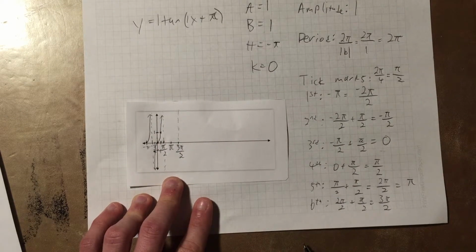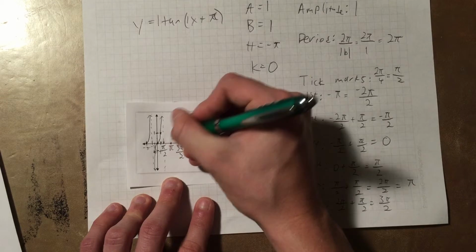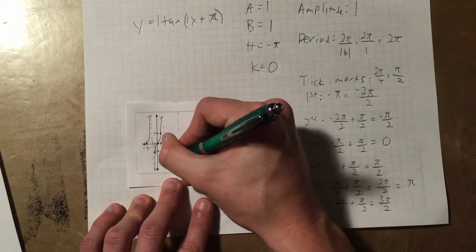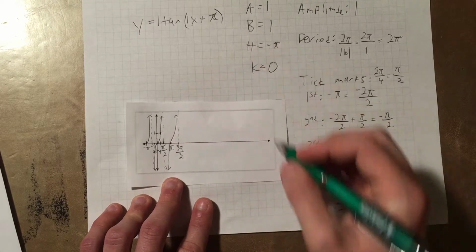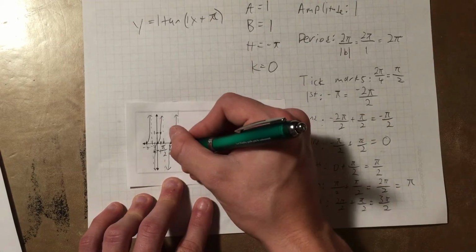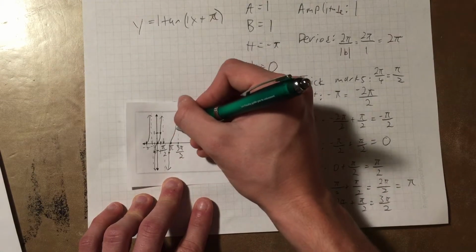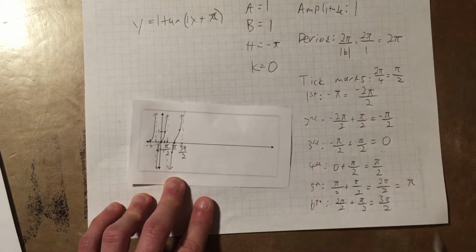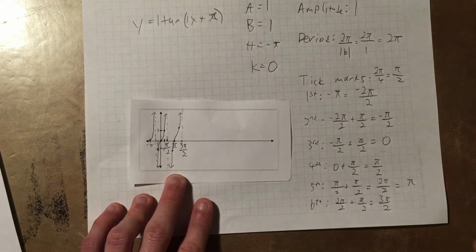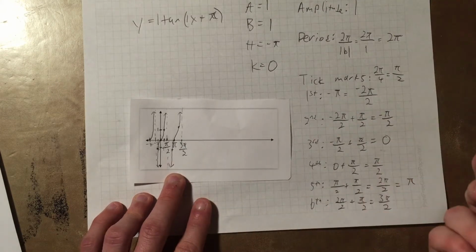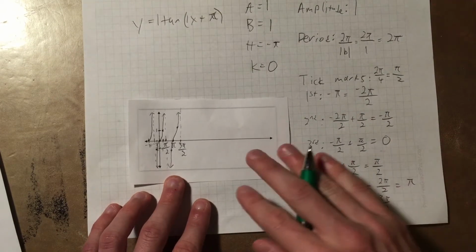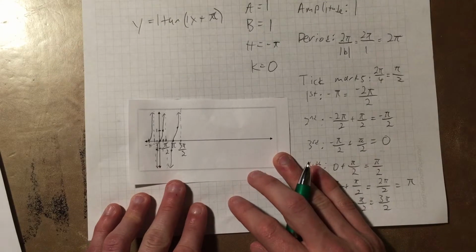Okay. Now we can go ahead and do this third. Okay. And then also there and there. So we went ahead and just graphed this one cycle of the tangent graph. So here we go.